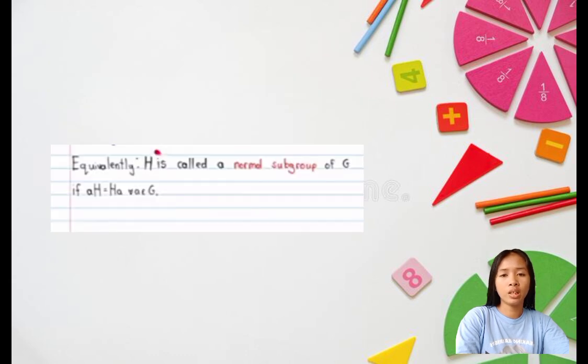And here is an equivalent definition, which at a glance probably looks a little bit nicer. Some books will use this as the standard definition. H is called a normal subgroup of the group G if every left coset of H is equal to its respective right coset. So for subgroup H to be a normal subgroup, there must be no difference between its left and right cosets.